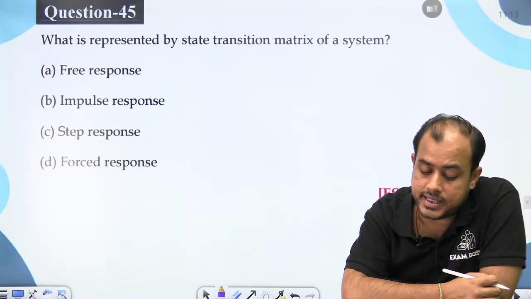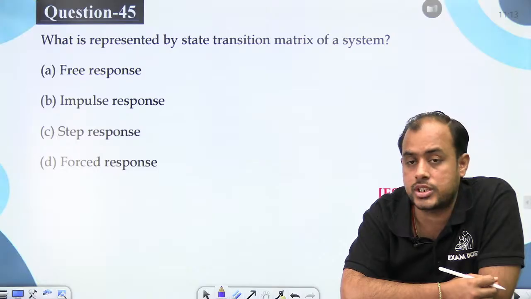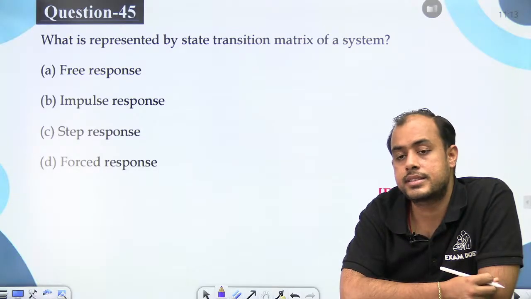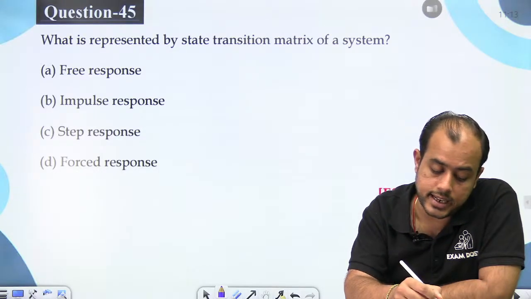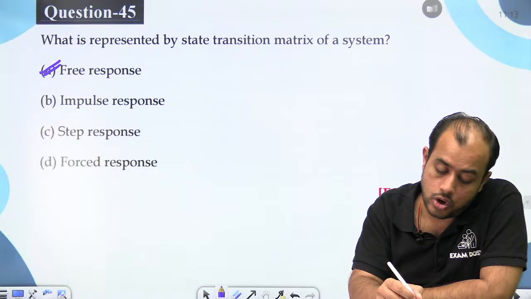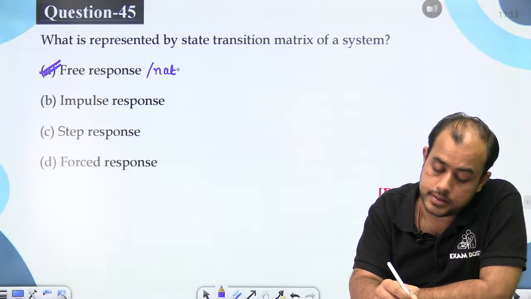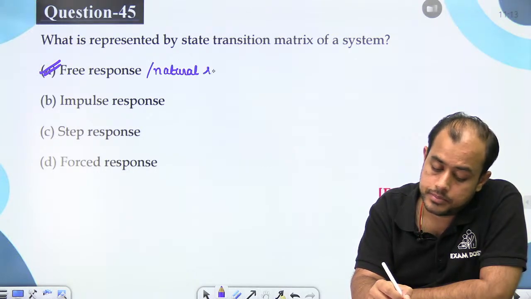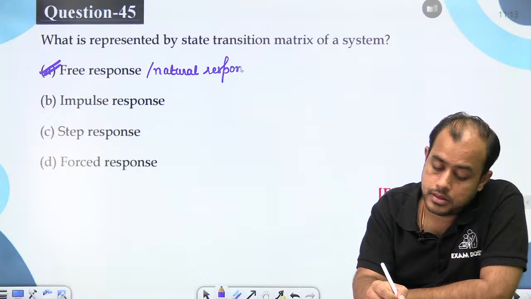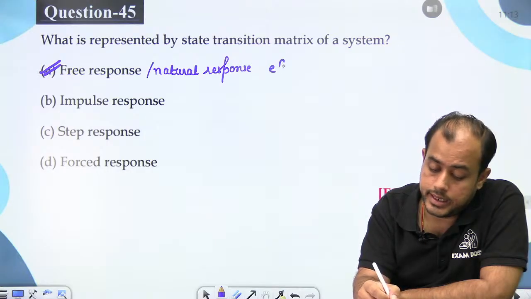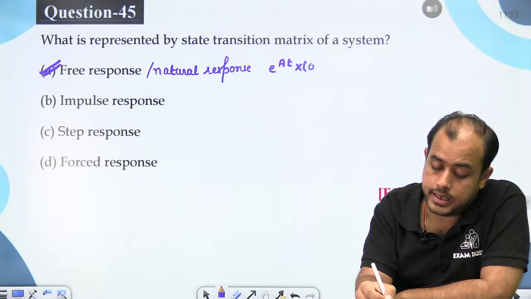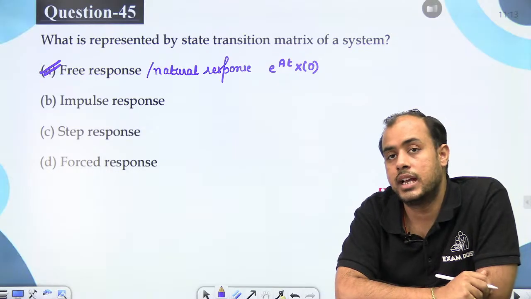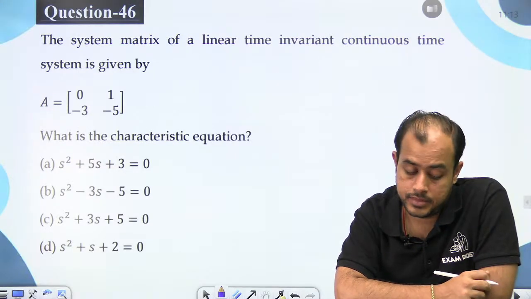What is represented by the state transition matrix? स्टेट ट्रांजिशन मैट्रिक्स से क्या आता है? फ्री रिस्पॉन्स और नेचुरल रिस्पॉन्स, विच इज बेसिकली e^(At) x0. तो ये आपका नेचुरल रिस्पॉन्स होता है.